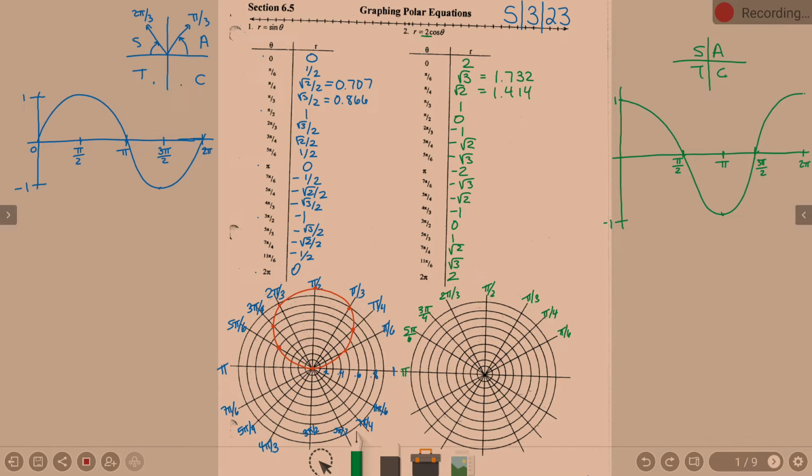We've got pi. 7 pi over 6, 5 pi over 4, 4 pi over 3. I hit the spot that I can't write. We believe you. 3 pi over 2, 5 pi over 3.